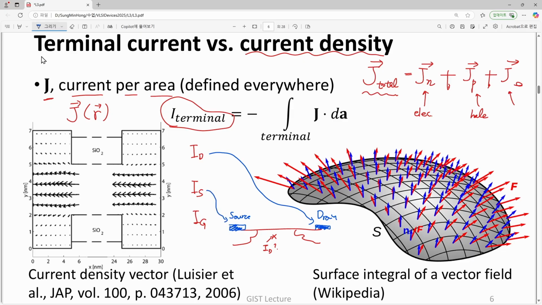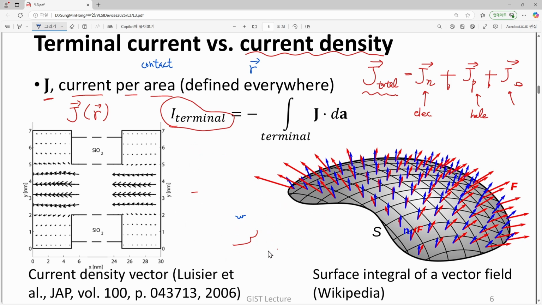So although terminal current and current density are quite related, they are defined in different places. This is defined everywhere, and this is only for our terminal contacts. Then what is the relation between these two quantities? It is simply given as this integration.